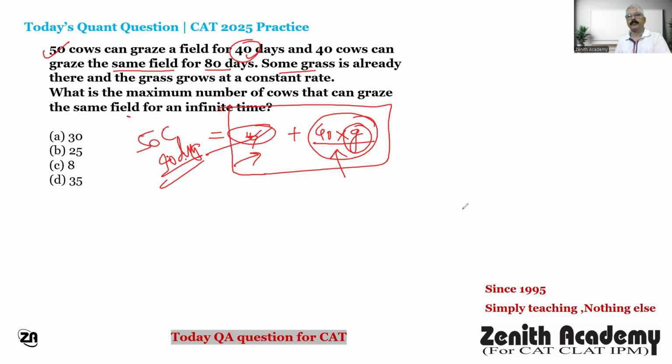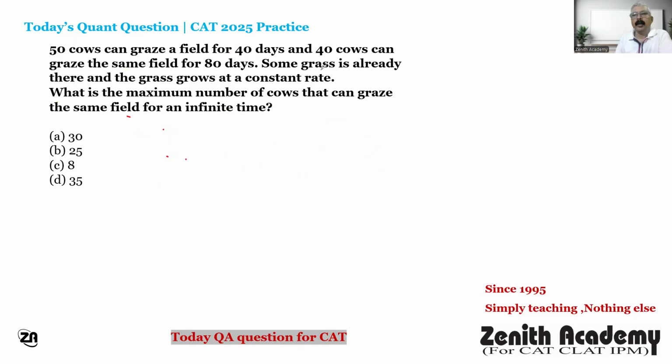Is it okay? So now see, suppose the grass already there is X, plus Y units of grass grow daily. So X plus Y into 40 is the total requirement of 50 cows in 40 days.